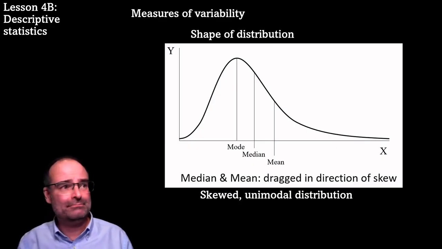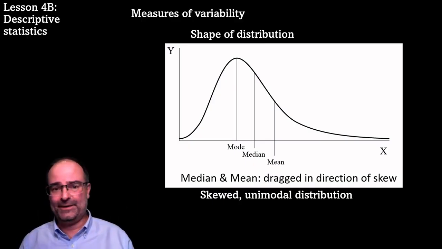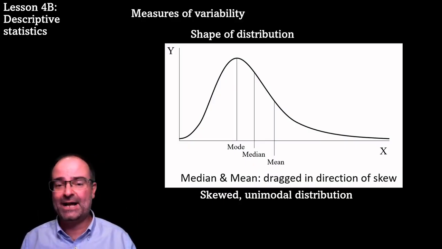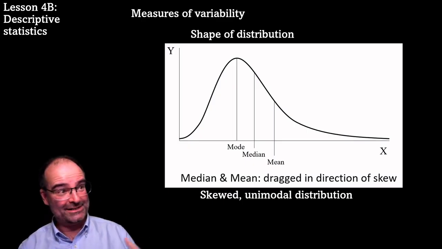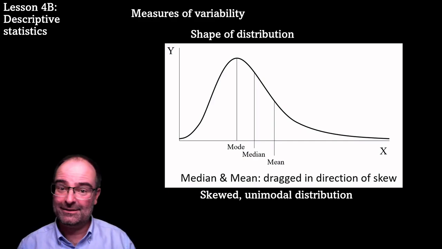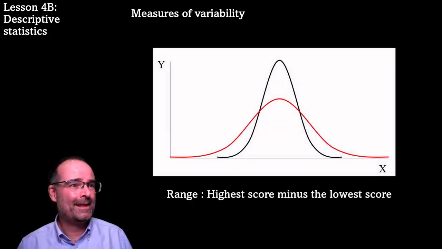Median less so, mode not at all. And it's the same if you flip it over. The mean is dragged the furthest, followed by the median, followed by the mode, which doesn't care. Remember, the mode is always the peak of the distribution because it's the most frequent score.